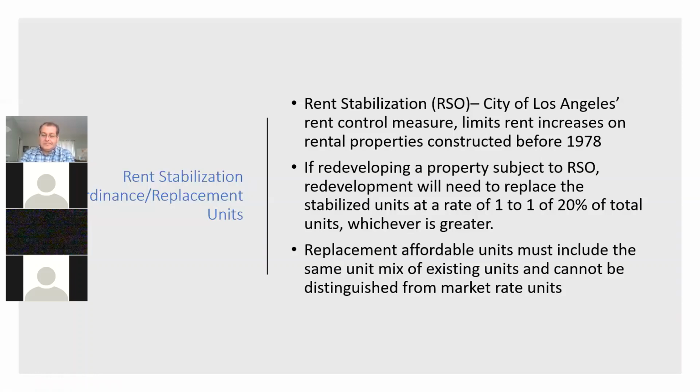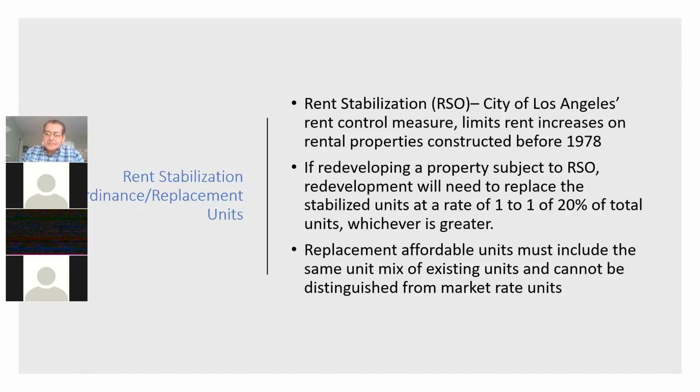But basically, when you're trying to demo a property under RSO and you're redeveloping a multifamily development, then you need to replace the rent stabilized units that you destroy at a rate of either 1-to-1 or 20% of the total new units in the development, whichever is greater.